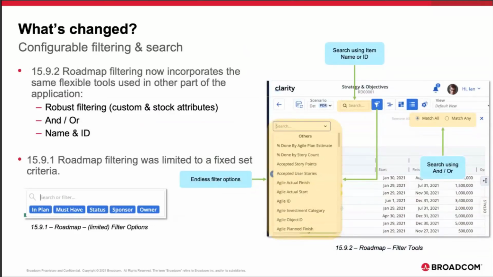And of course, search with the name and ID. The lower left of the screen just highlights the 15.9.1 filtering that was in place across roadmaps, whether it was a board or a grid or a timeline. Of course, it was limited to a fixed set of criteria, and now with the change here, it's far more robust and consistent with the rest of the application.